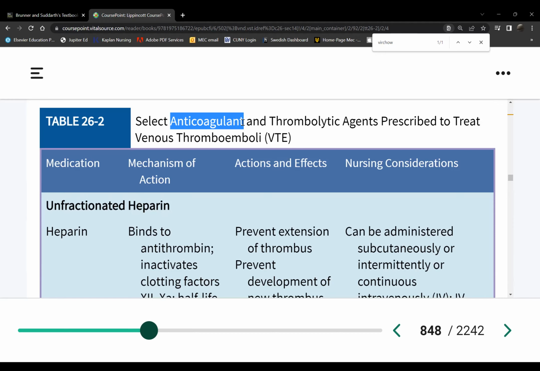As soon as a clot is formed, our body will start destroying that clot. That's why we have D-dimer. Where do you think the D-dimer came from? From the clot.